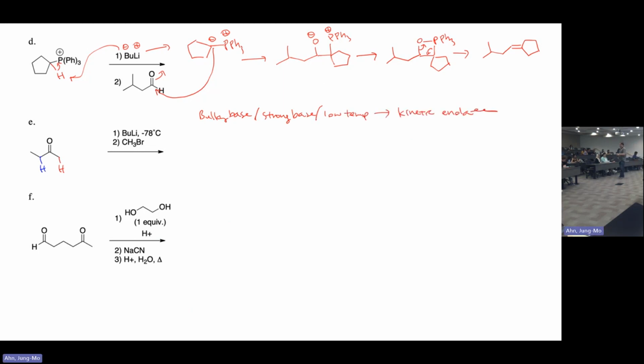You need to have a bulky, strong base at low temperatures. That's what you need to make a kinetic enolate. Anything else will be thermodynamic enolate, but typically weak base and high temperature. This butyl is not really a huge base, but you notice that it's a low temperature, it's a strong base. So this is probably satisfying the condition to make a kinetic enolate.